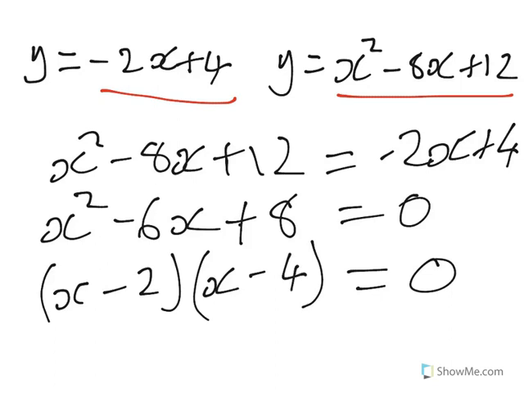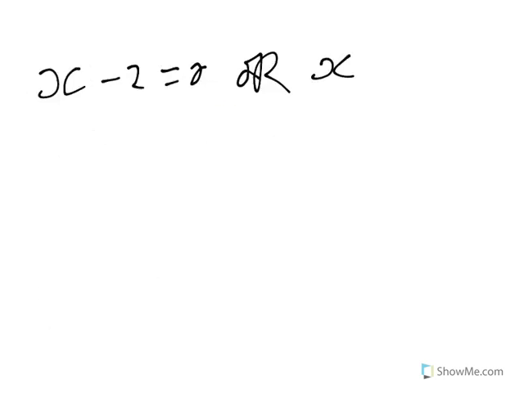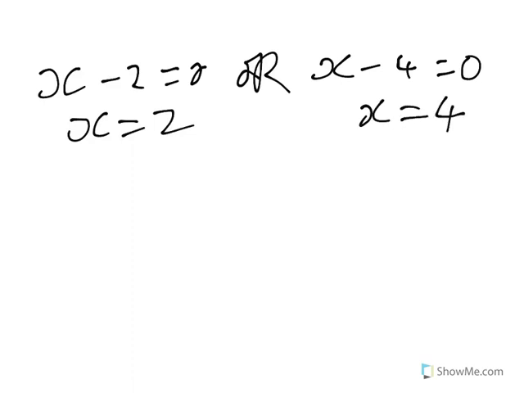So according to the null factor law, x minus 2 equals 0, or x minus 4 equals 0. So the x value is 2, or the x value is 4.